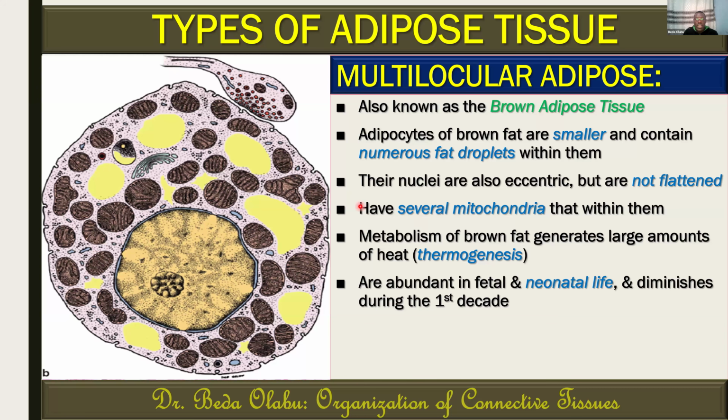We note that brown adipose tissue is abundant in fetal and neonatal life and diminishes during the first decade of life. So as adults, we don't have much of this brown adipose tissue, but the younger ones do have large volumes of it.